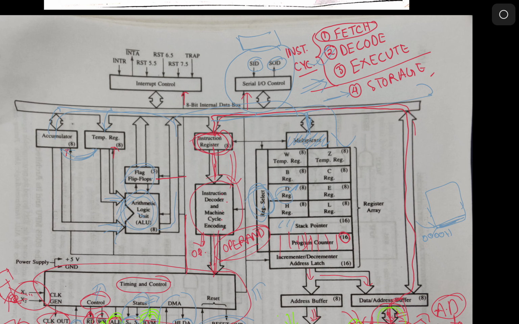SID means serial input data, and this is the path for serial output data to be transferred from this CPU to the external devices serially. And then we have this interrupt control.